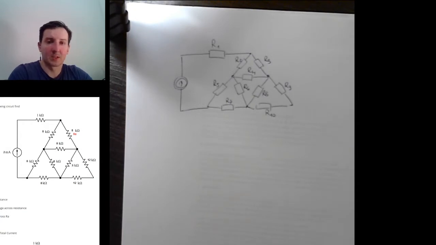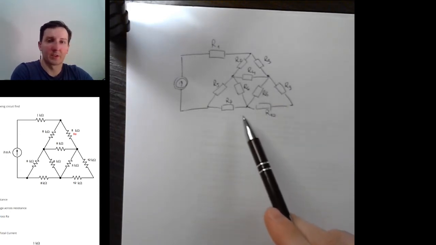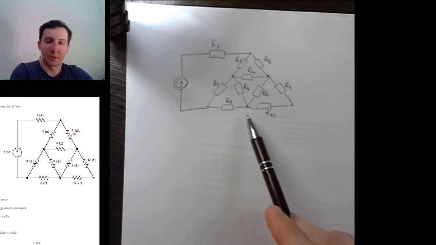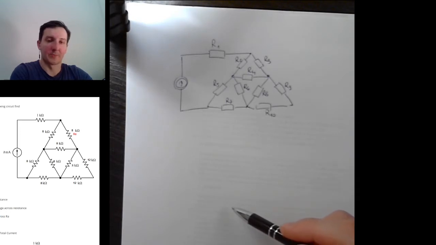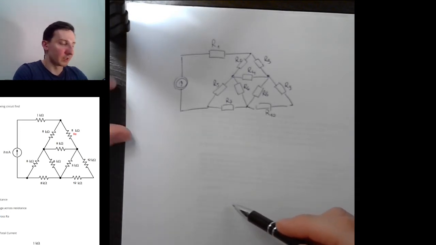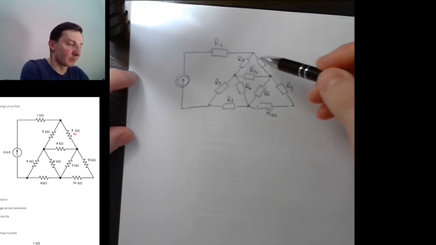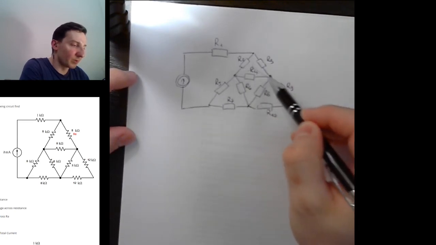This is a triangle, and actually 3 triangles. We have 10 resistors, and what we are going to do is simplify this graph using the Y-delta transformation. Okay, so the first thing we can do is simplify this triangle into a Y connection.